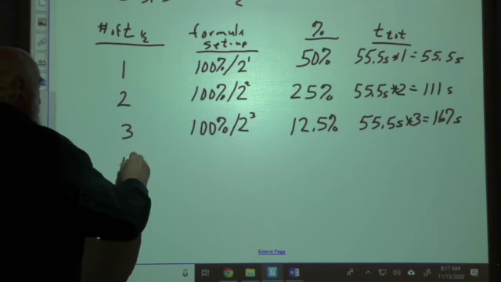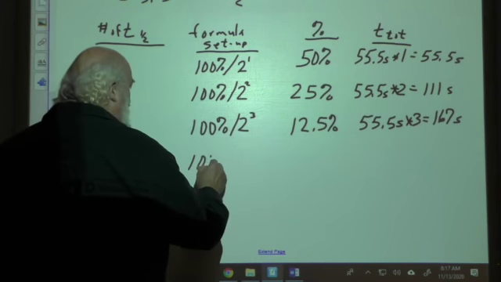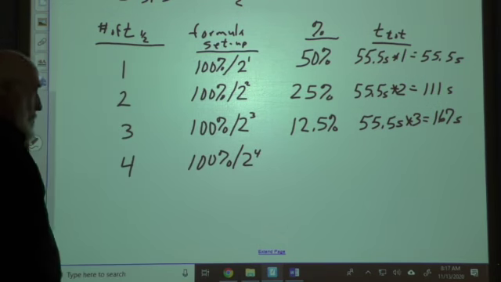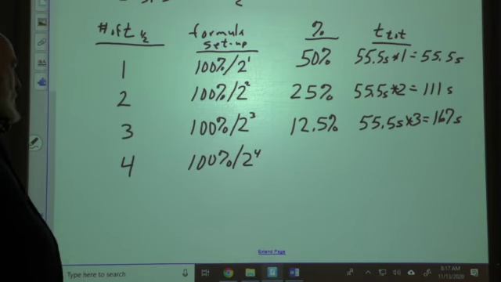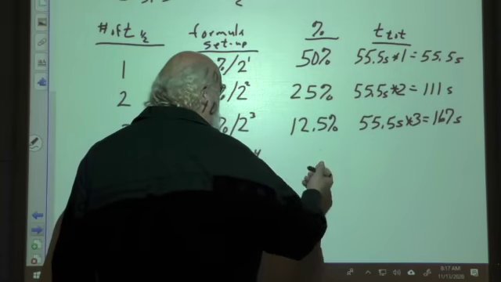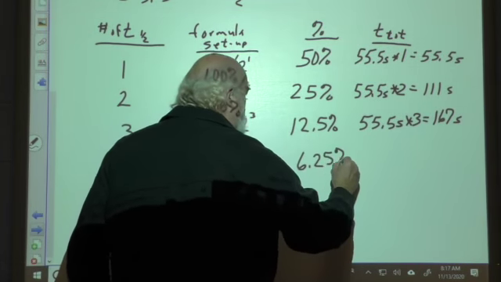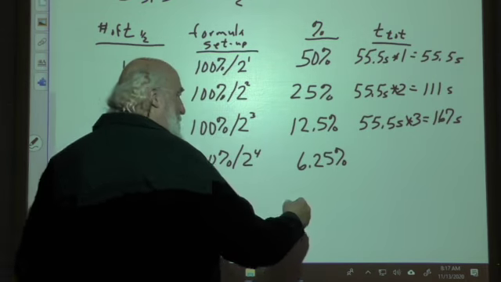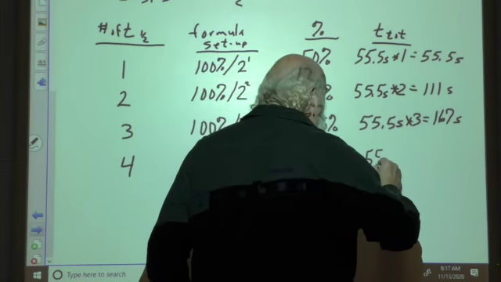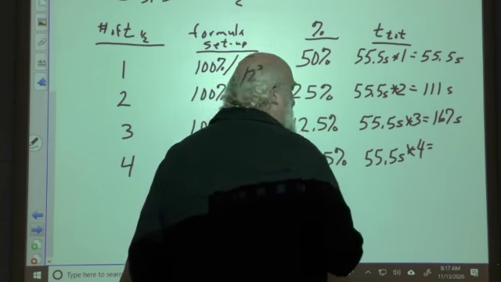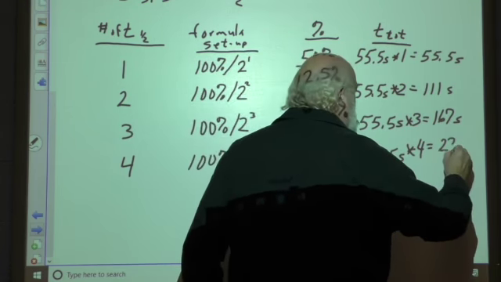Our fourth half-life is 100% divided by 2 to the fourth power. When you type that on the calculator, or just take half of this, it will give you 6.25%. This is the fourth half-life, so this is 55.5 seconds times 4 half-lives, and this gives you 222 seconds.